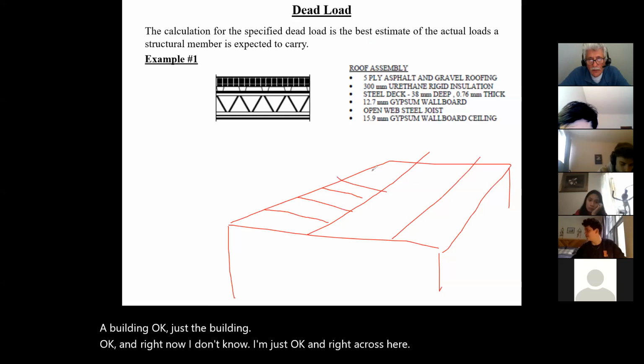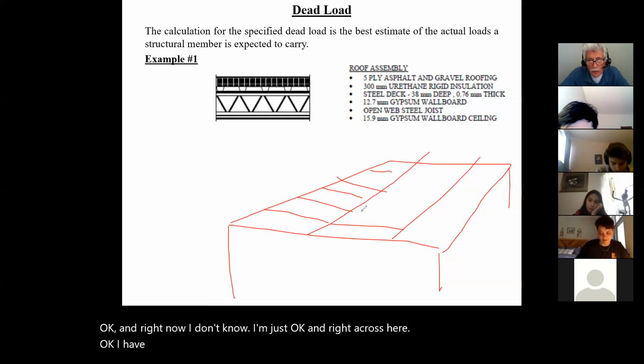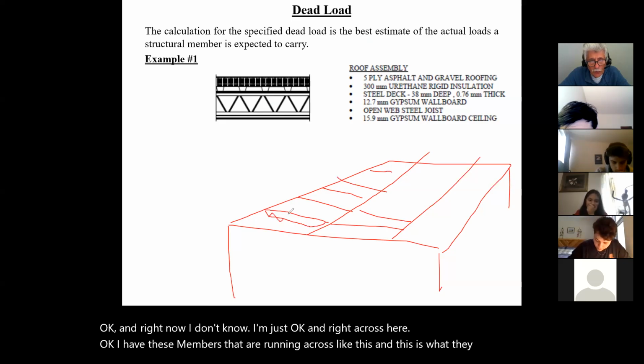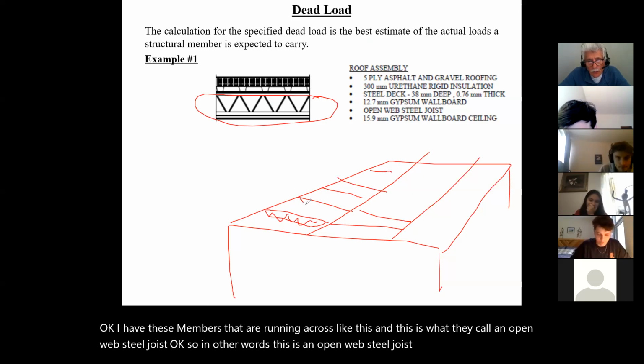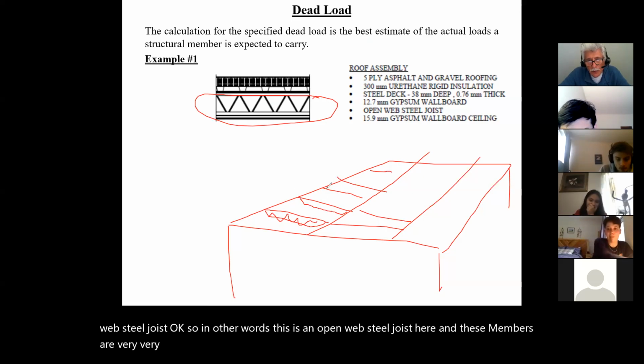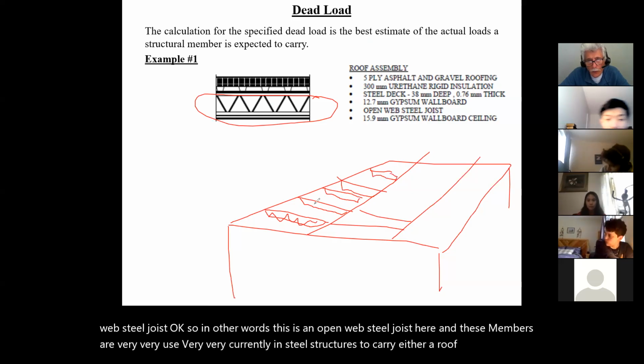I have these members that are running across like this. This is what they call an open web steel joist. These members are used very currently in steel structures to carry either a roof load or a floor or whatever.